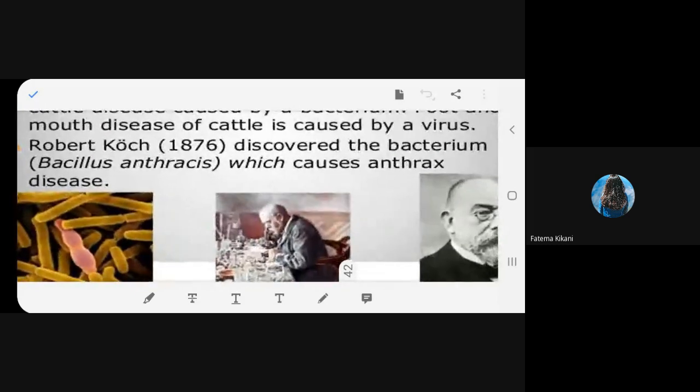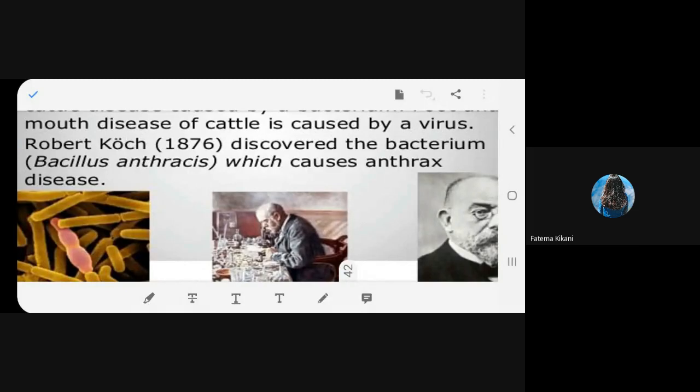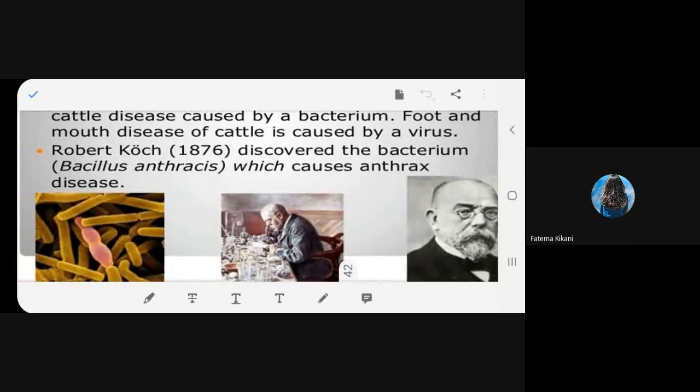Next, read, beta. Fatima: Robert Koch, 1876, discovered the bacterium Bacillus anthracis, which causes anthrax disease. Now, Robert Koch was a scientist who, for the first time, discovered the bacterium Bacillus anthracis causing anthrax disease.